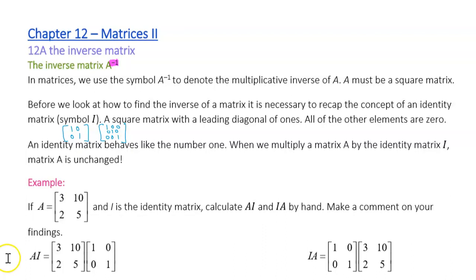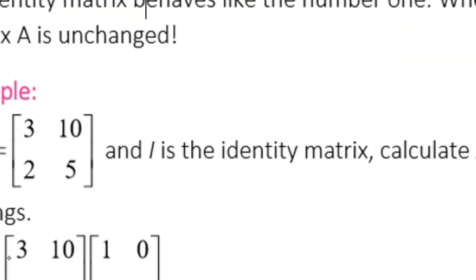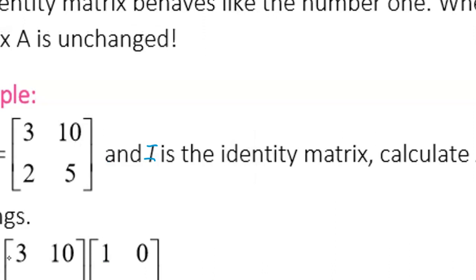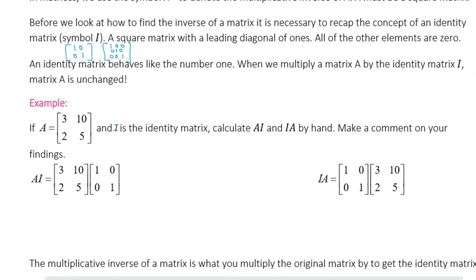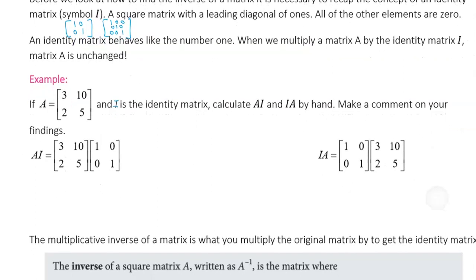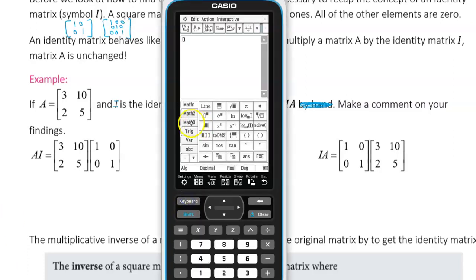So let's look at the following example. If A is [3, 10; 2, 5] and I is the identity matrix, calculate A multiplied by I and I multiplied by A. Let's just do it on our CAS and make comment on your findings. All right, let me whip out my CAS. Okay, so Math 2, square matrix.